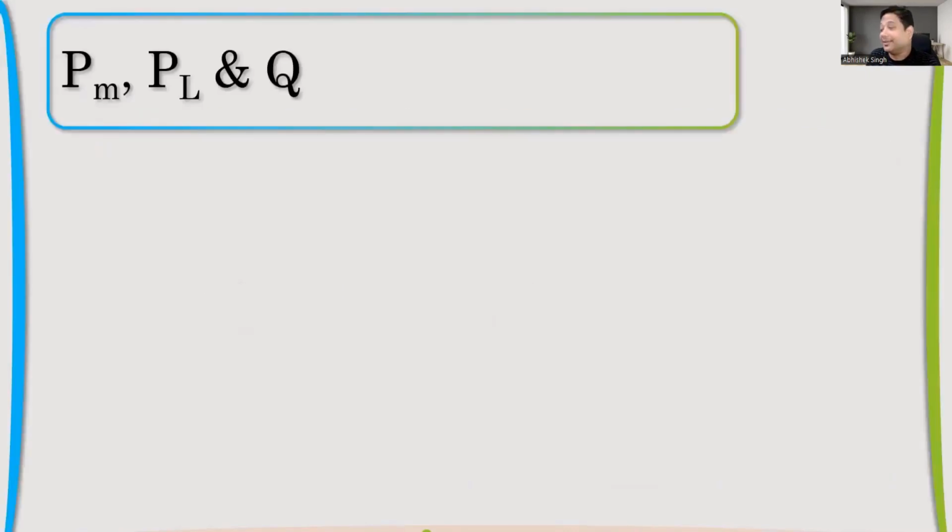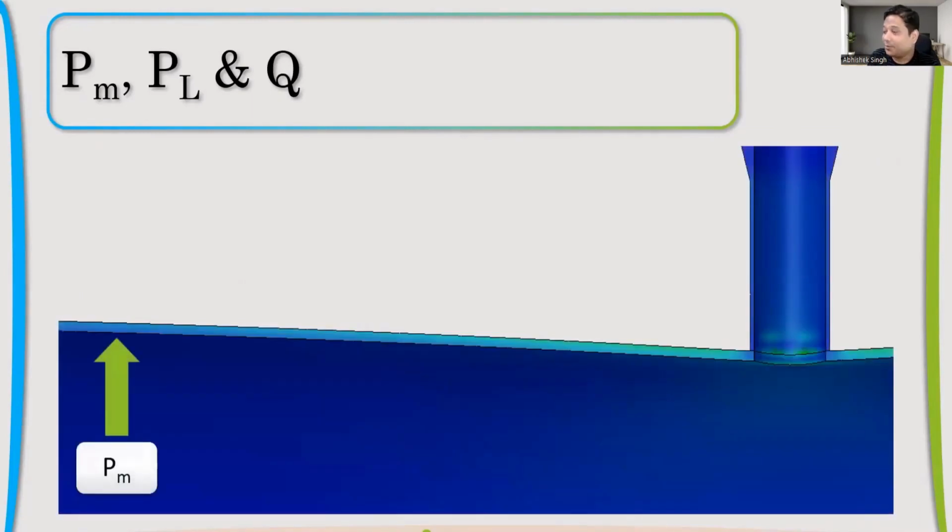Okay. So next activity, first you have to categorize them into PM, PL, and Q. Even if you don't understand PM, PL, Q, don't worry. Just listen to this and you will have a fair idea. PM is a stress coming because of a load which is uniformly distributed and uniform across the section, like pressure.